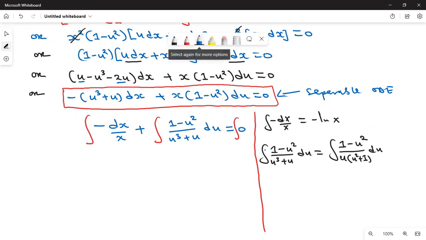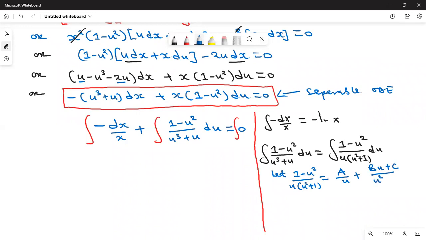So we are going to say, let 1 minus u squared over u into u squared plus 1 be equal to A over u plus Bu plus C over u squared plus 1.